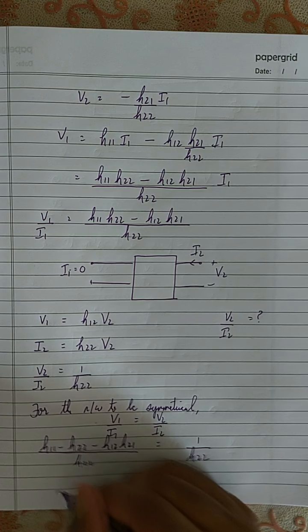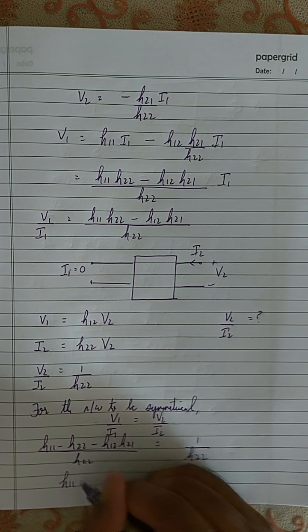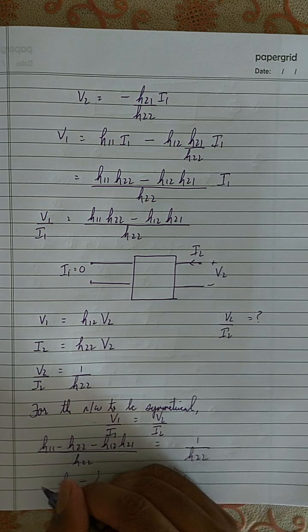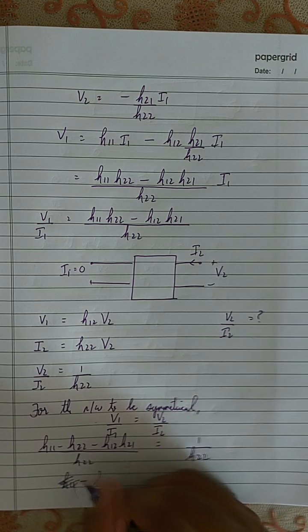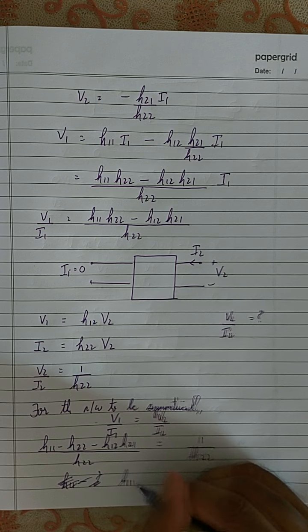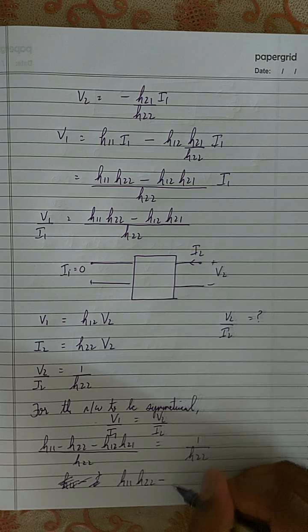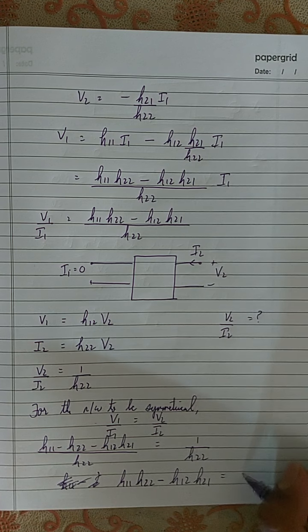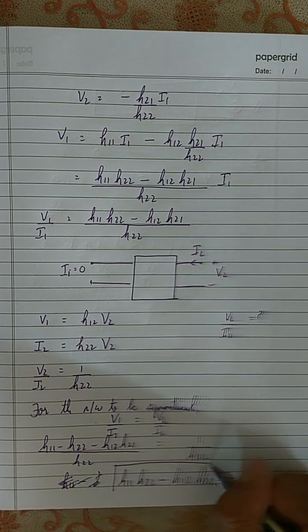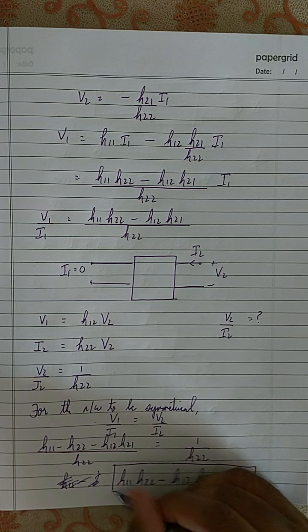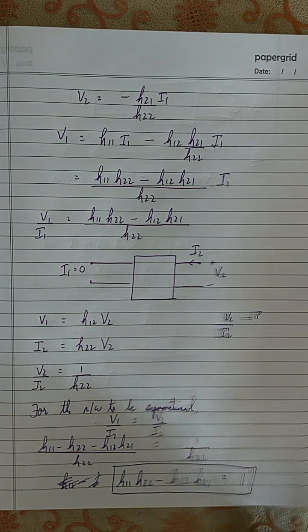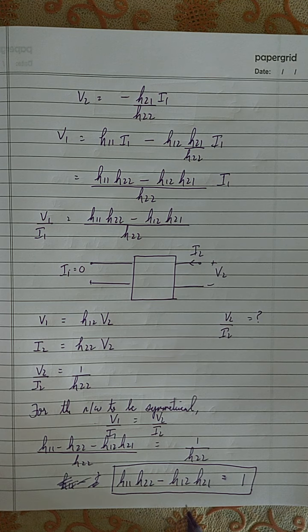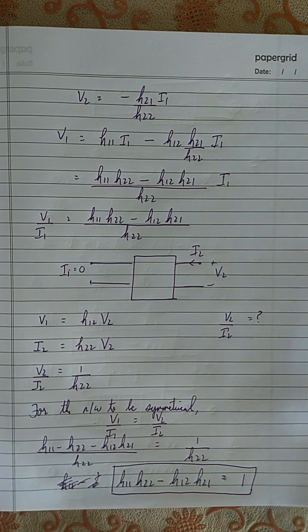H22 we can cancel, so you will get H11 H22 minus H12 H21 is equal to 1. So this is the condition of symmetry. That is, a network is said to be symmetrical when H11 H22 minus H12 H21 is equal to 1.